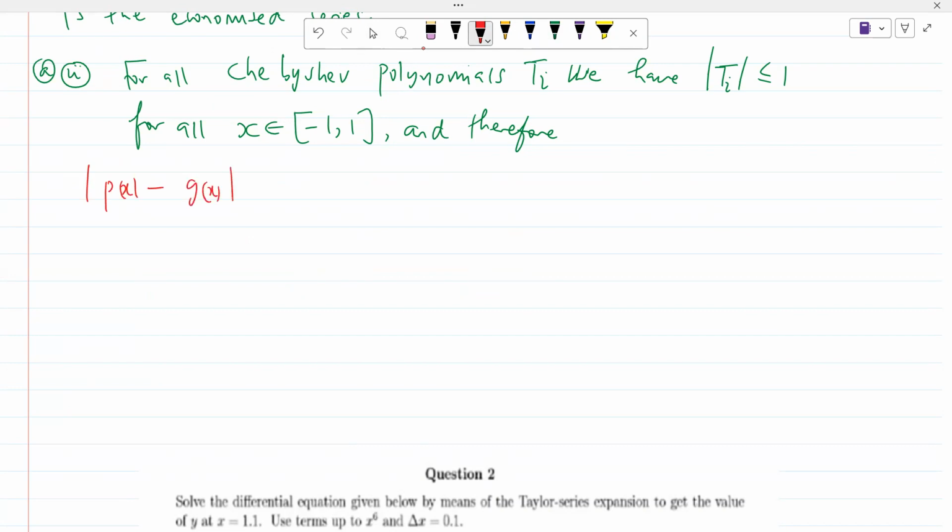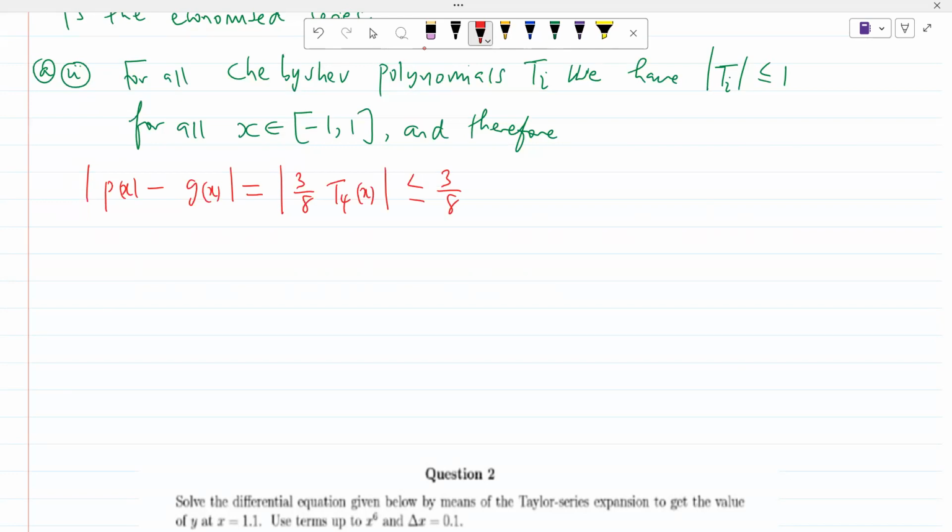The economized one is G and the truncated power series is P. We have already seen that the absolute value of the difference is 3 over 8 of T4 of x. By using the properties of the absolute value, this is less or equal to 3 over 8, because the T4 modulus is less or equal to 1.